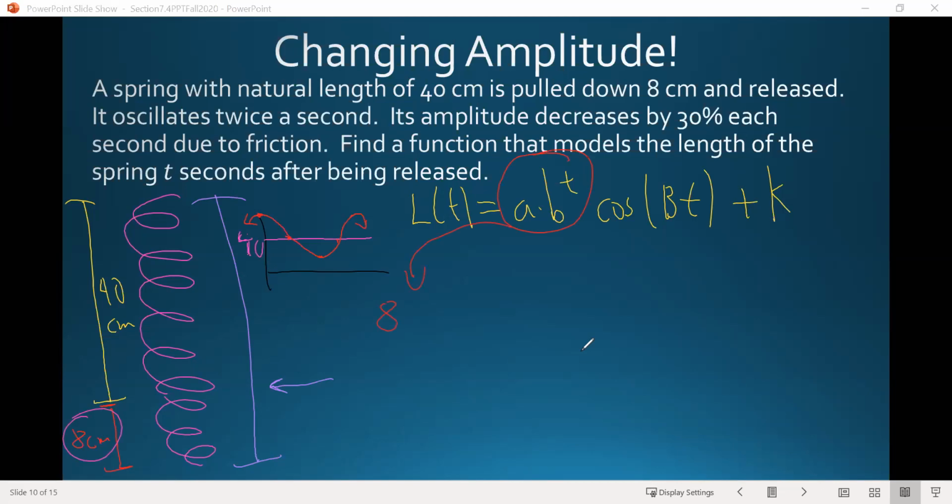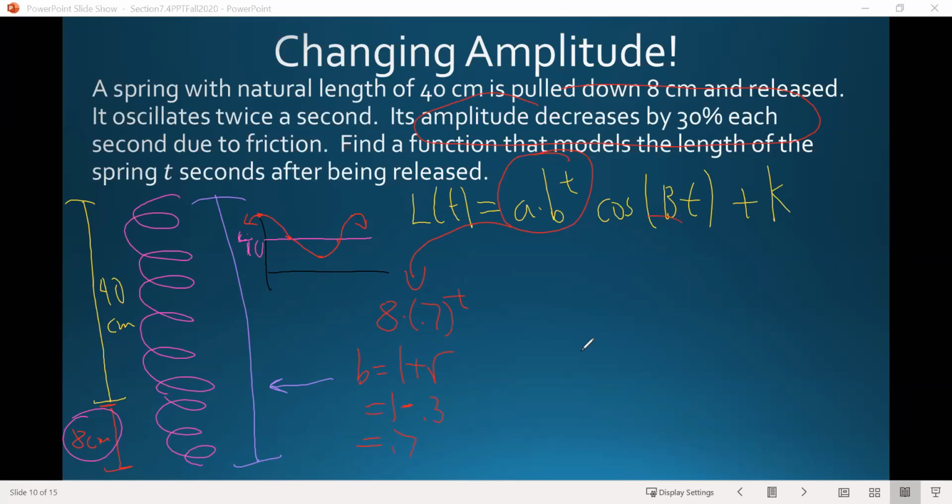That would be the value for lowercase a, times, remember the value for b comes from 1 plus r. We're told the amplitude is decreasing by 30% each second. We know that 0.3 is 30%, but it's decreasing, so rather than 1 plus r, we'll do 1 minus r, which gives us 0.7. So we should have 8 times 0.7 to the t here.